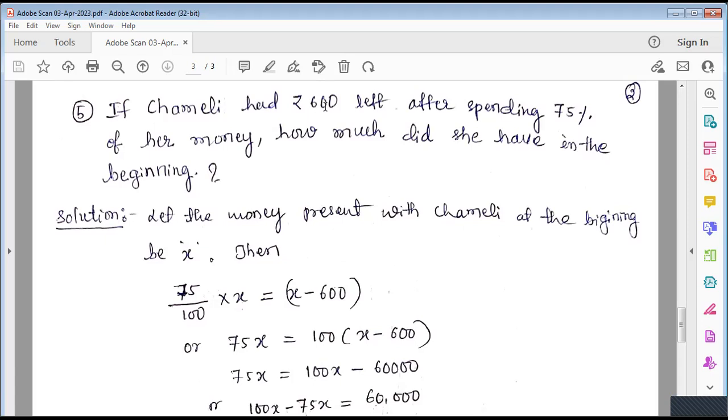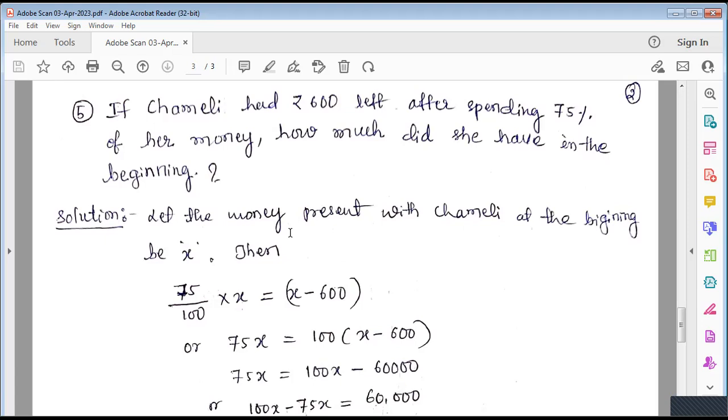So what was the money with her at the beginning? So this is the problem. As in problem 4, here also assume let the money present with Chameli at the beginning be X. You take the money present with Chameli as X.